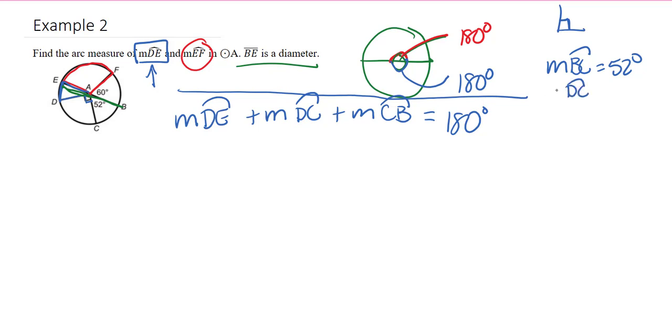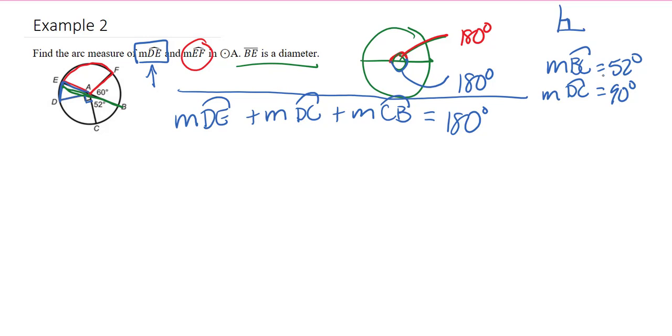So this DC is 90. So as we know now, three measurements, we know 180, and we know these two measurements. We can actually solve for the one that we need to solve for. So let's go ahead and fill this in.